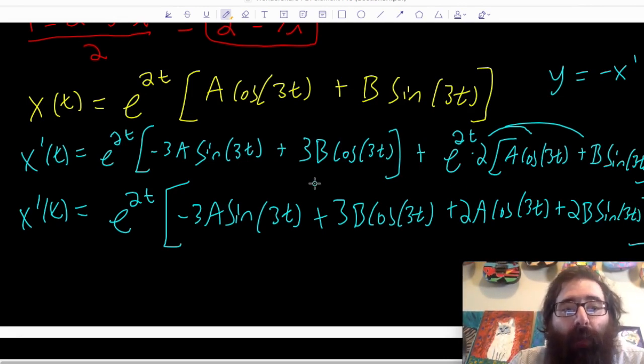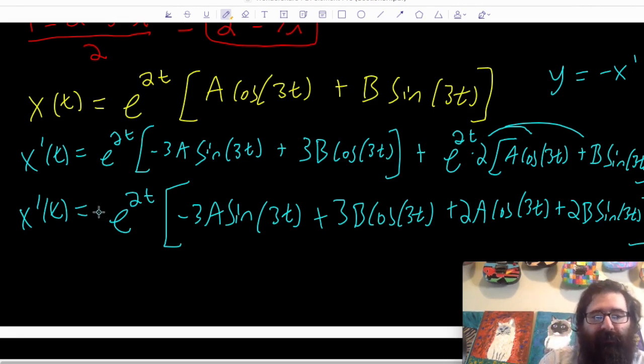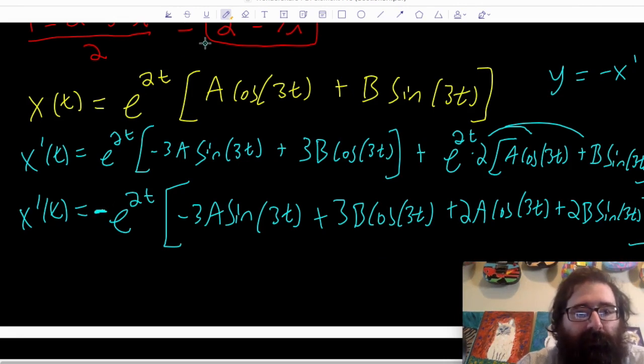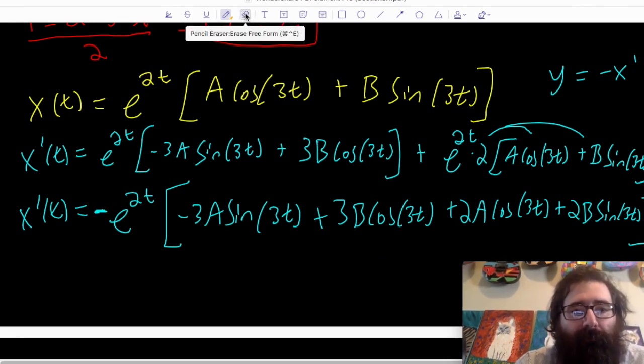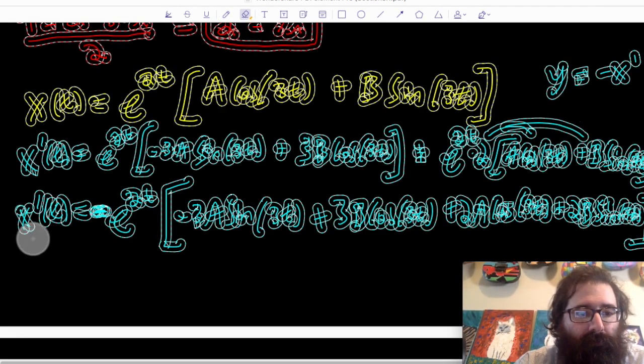Now, to get y at t, all I have to do is make this negative, and there's a lot of stuff here. I don't really want to rewrite everything, so let me make it negative by just putting a minus sign right in front of it deliberately. And then, if you believe me that negative x prime is y, I can just go here.